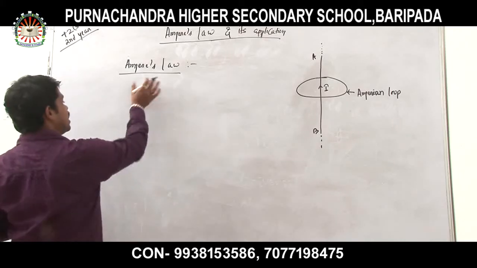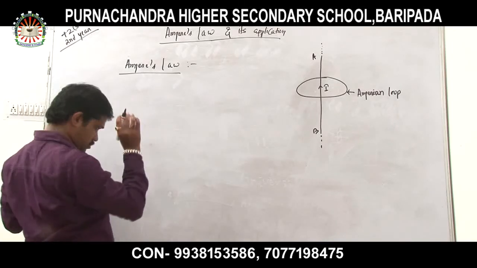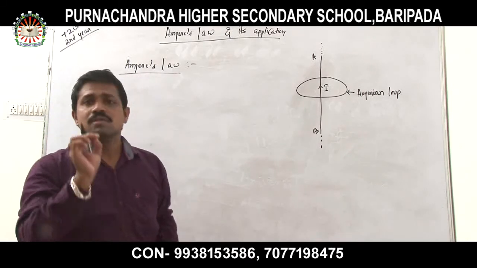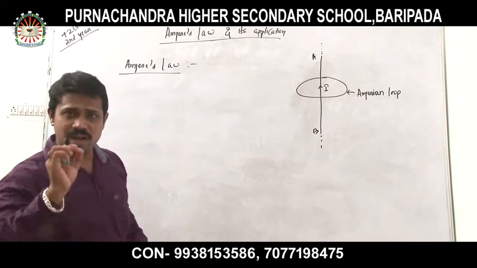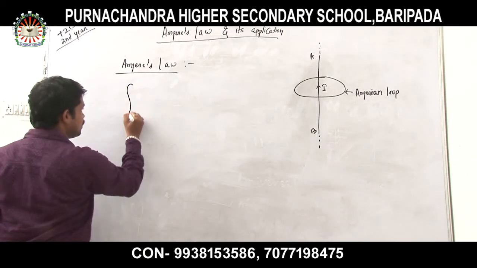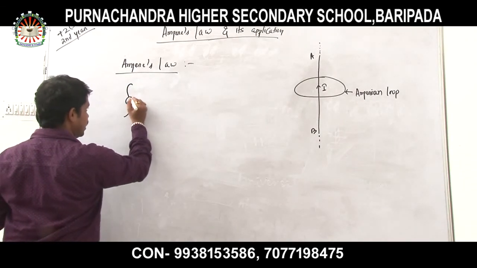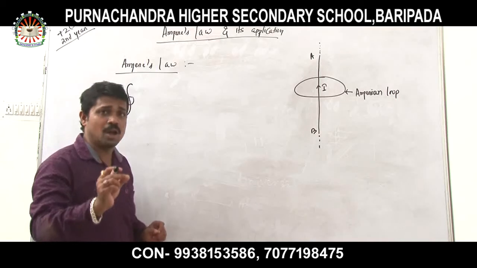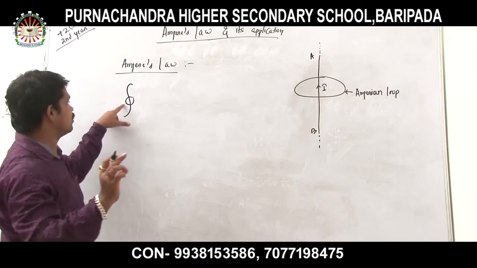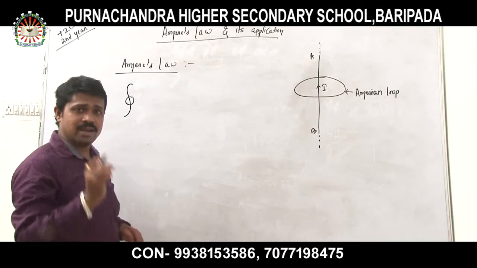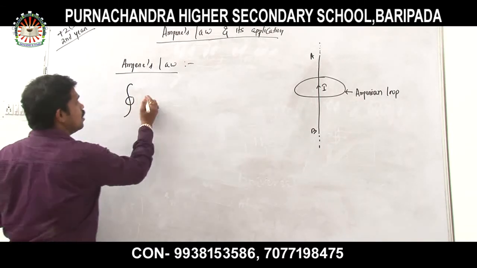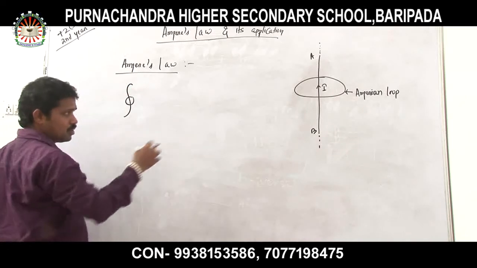Ampere's law states that the line integral, listen very carefully, the line integral of magnetic field B, which type of line integral? A closed line integral. That is the line integral of a magnetic field over a closed loop. That's why it is a closed integral.